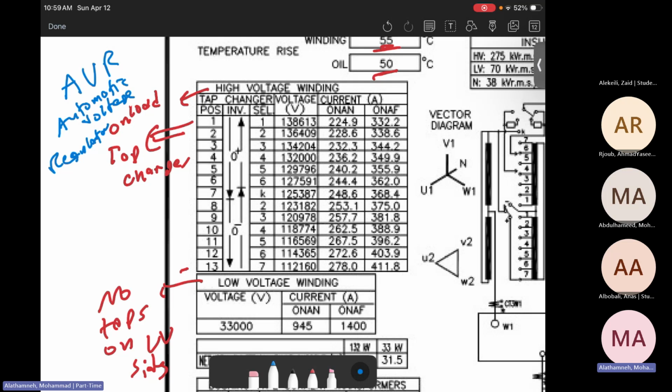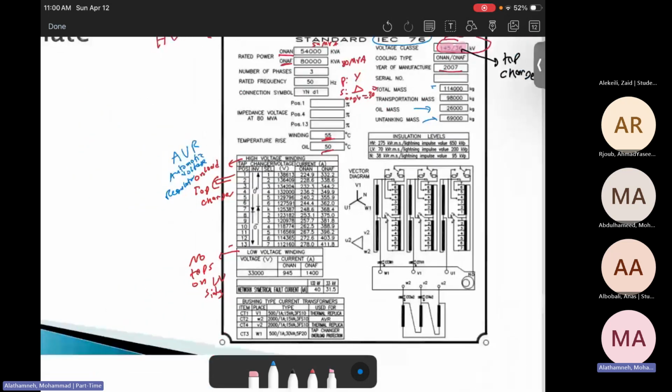If there is a light load going on, the transformer understands that, and will send the command to the tap changer to decrease the taps. Okay? Any questions so far, so good?